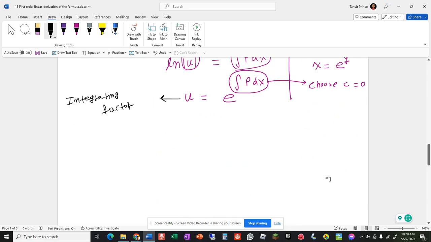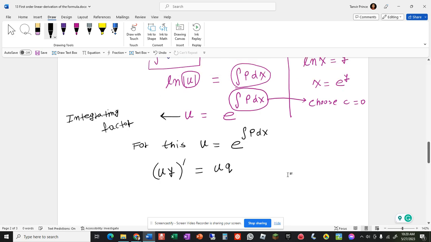For this u, the left hand side of my differential equation becomes (uy) prime, and my right hand side is u times q.